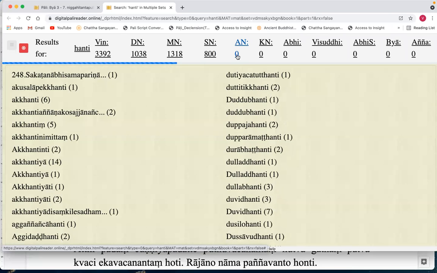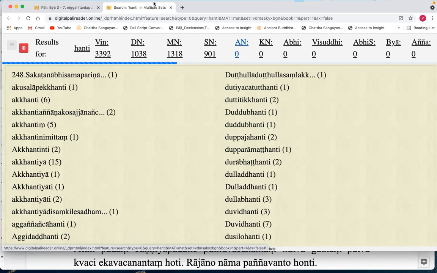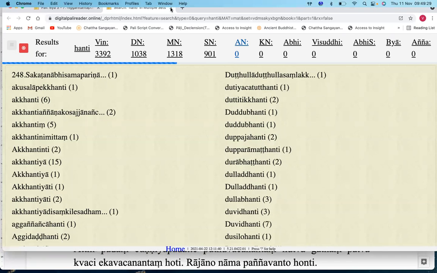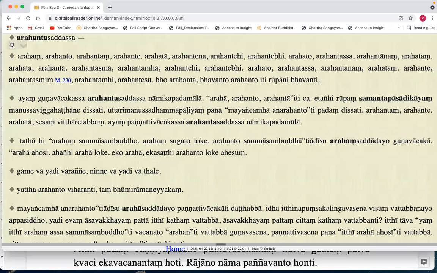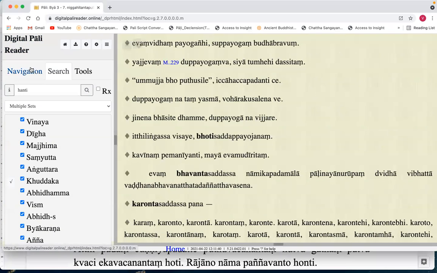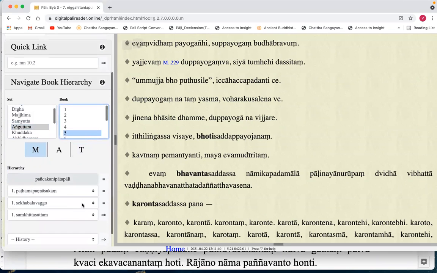Oh, it takes a long time. Searching takes a long time. So page number 472.